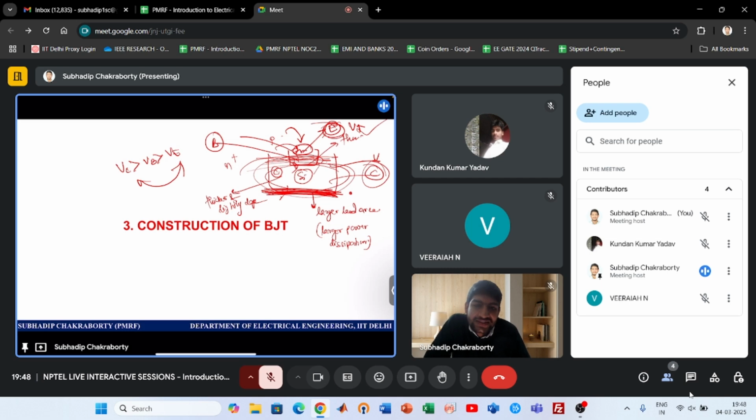So you will lose the device functionality and will be inefficient. Its performance is degraded if you interchange leads. So never interchange leads. This is very important, right?